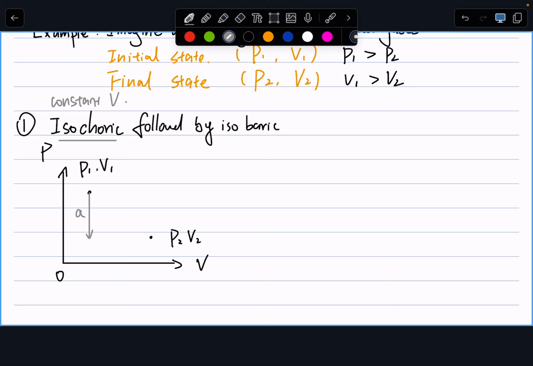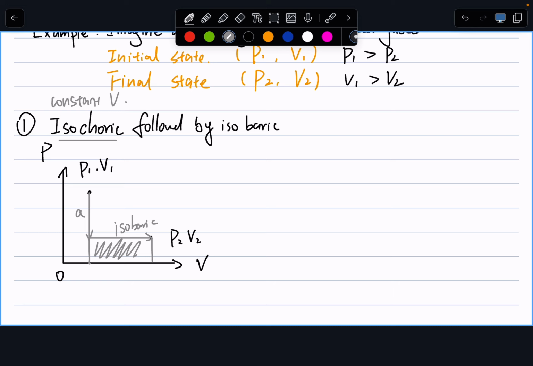We're keeping the volume the same as V1, and then we're changing the pressure to P2. Right? In this process, taking the area below the curve gives us the work, W, in this case. Now, if we look at the area below the curve, that's about this big.